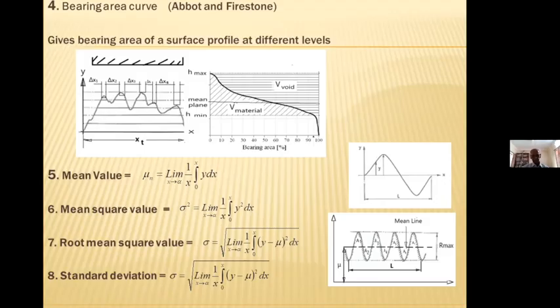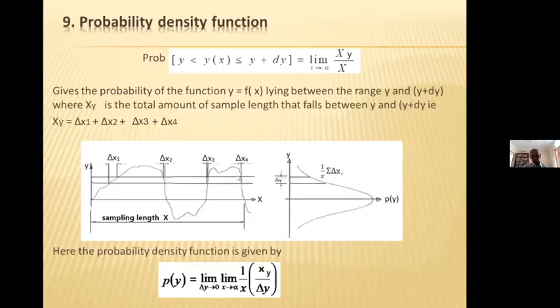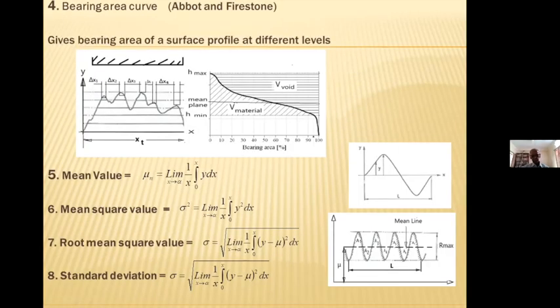Again, if we describe the surface as a function of x, y is the ordinate, y is a function of x, then we integrate y dx from 0 to x, x being the sampling length, and in the limit x tends to infinity.